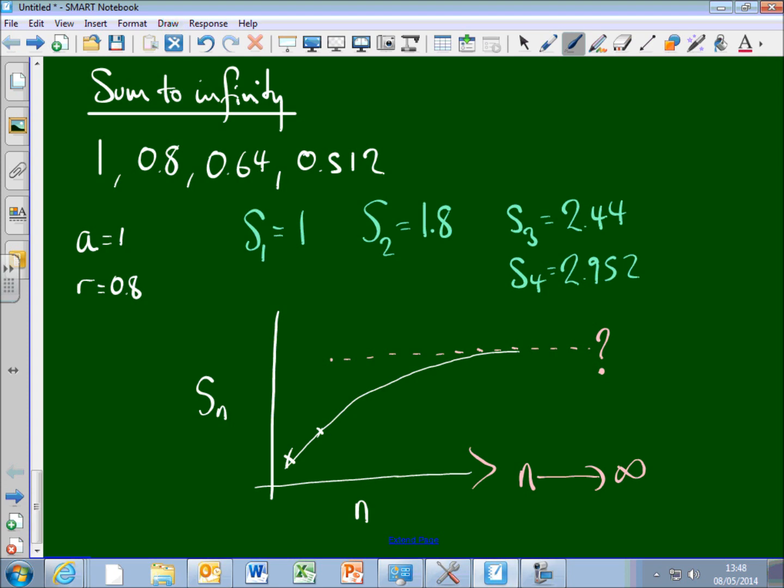If I'm doing my sum from n equals 1 all the way to n equals infinity, it's going to give me an actual value. Why can I do this on this sort of one and not on the one before? What is it about the r on this one compared to the r on the other one? Can someone tell me?